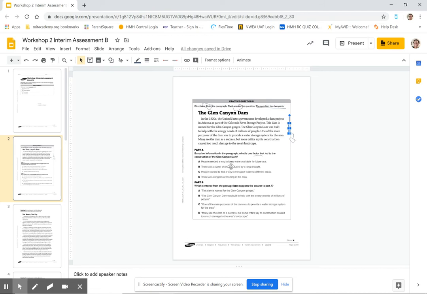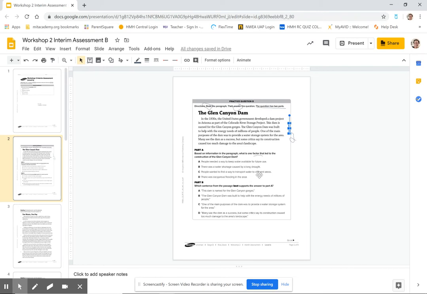People need a way to keep water available for future use. That sounds good. Let's see if there's any other water answers. There was a water shortage caused by a long drought. This answer has water in the answer, but I don't see anything about drought anywhere in the paragraph. People wanted to find a way to transport water to different areas.